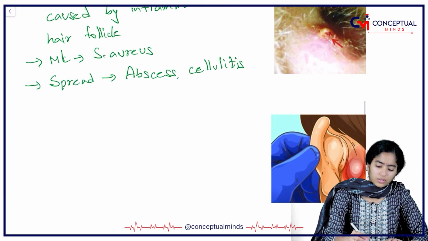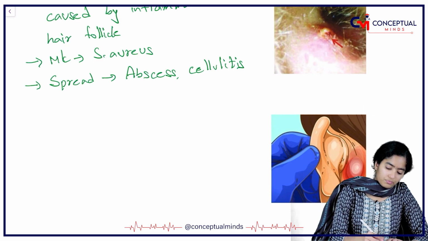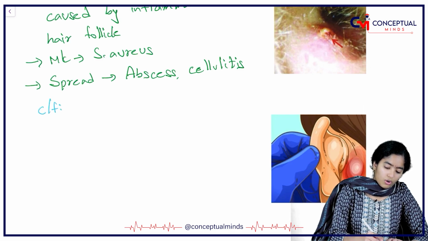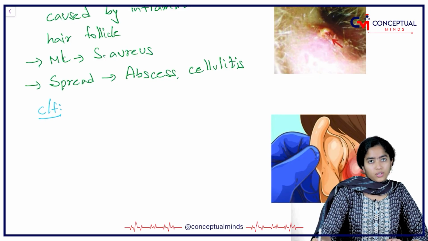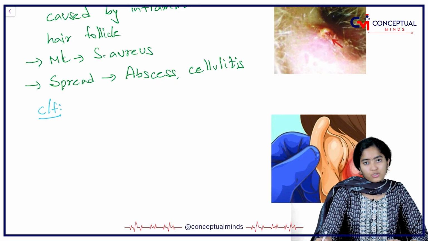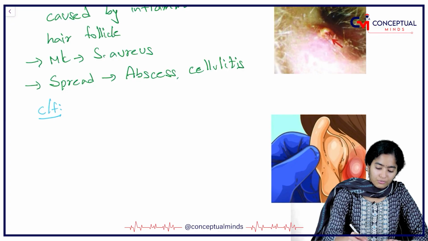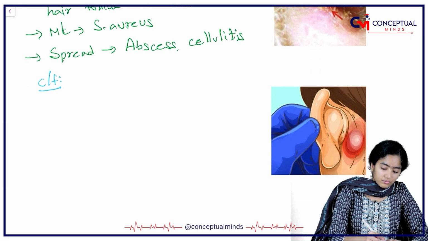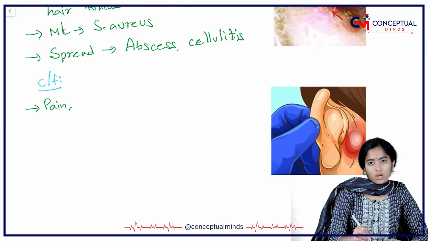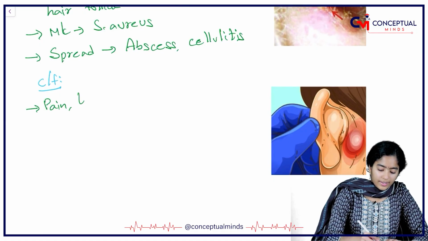Now let us learn about the clinical features of a case of furunculosis. So when there is infection, obviously the patient will have pain. Ear pain is called otalgia. Tenderness.